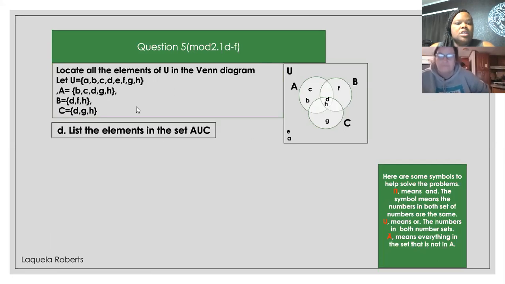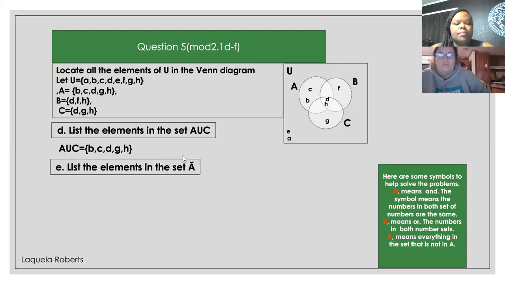Okay, so we're going to list the elements in the set A and C. So that will give us AC equals B, C, D, G, H. We're going to list the elements in the set of A. So that'll be everything.